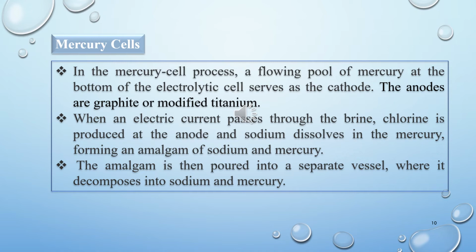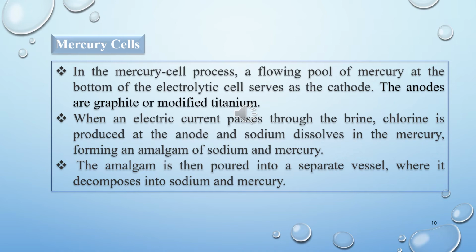Now, how can we separate that sodium from the mercury? For this purpose, we will pour that amalgam into vessels and leave them for the decomposition. As that amalgam will decompose, it will be converted into sodium and mercury.